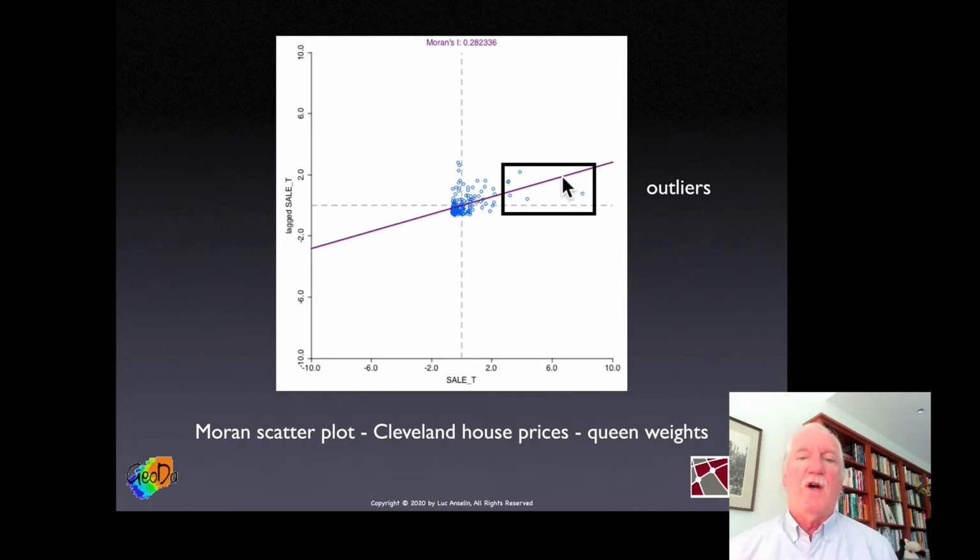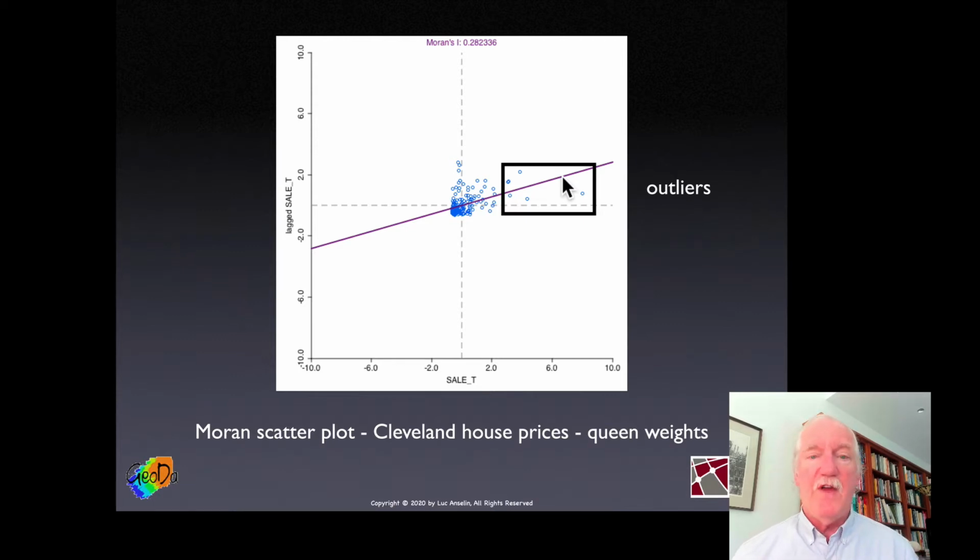In fact, when I developed this, my original motivation was to look at the sensitivity of the global Moran's I to potential high leverage observations. These are potential observations that exert more influence on the slope of the line than they should. And so these are the kinds of points you want to identify in function of possibly being spatial outliers, possibly suggesting spatial heterogeneity, and so on.